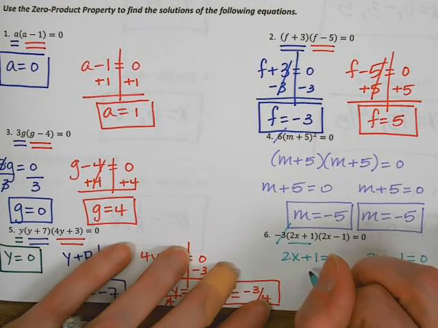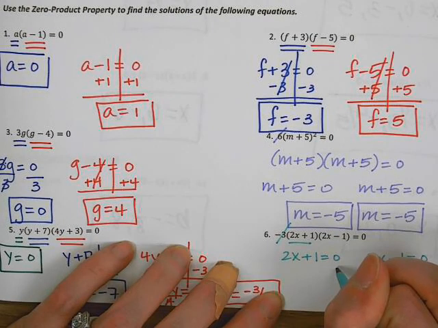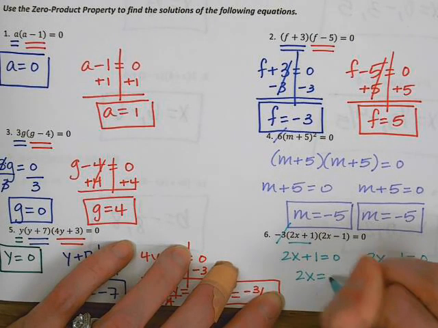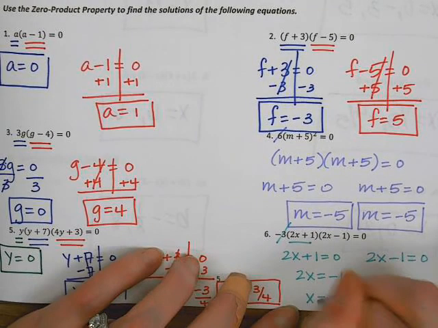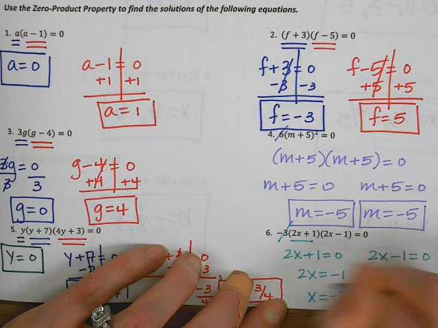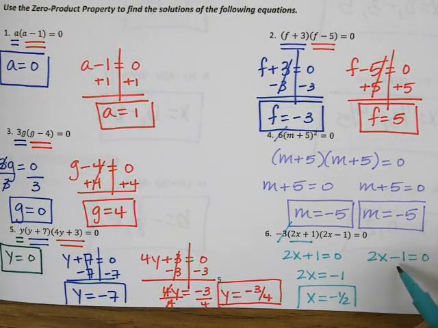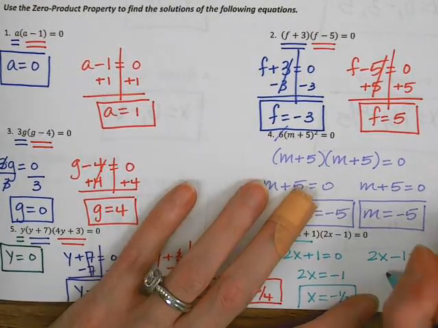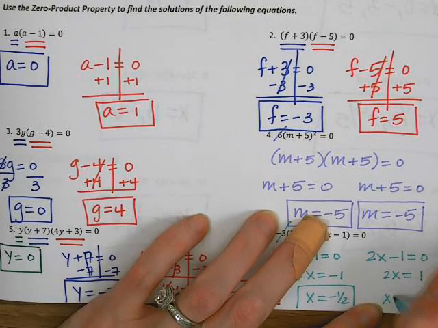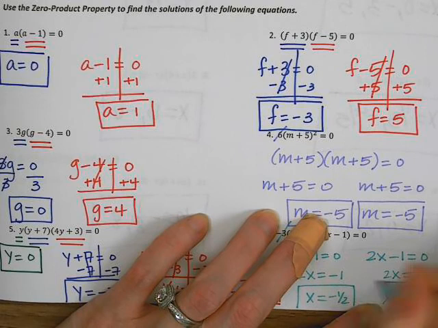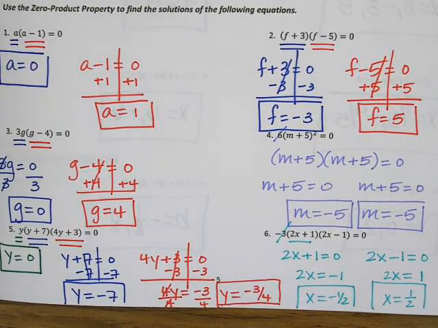So this one, if we minus the 1 over, we get 2x equals negative 1. And then divide by 2, this one's going to be negative 1/2. And then this one, we're going to add the 1 over. So we get 2x equals 1, and then divide by 2, so x would be positive 1/2. And those would be your 2 solutions.